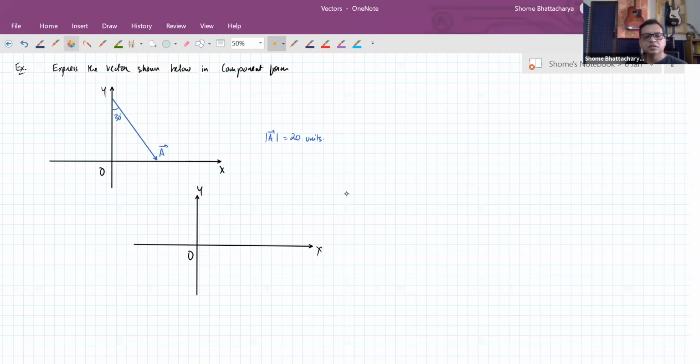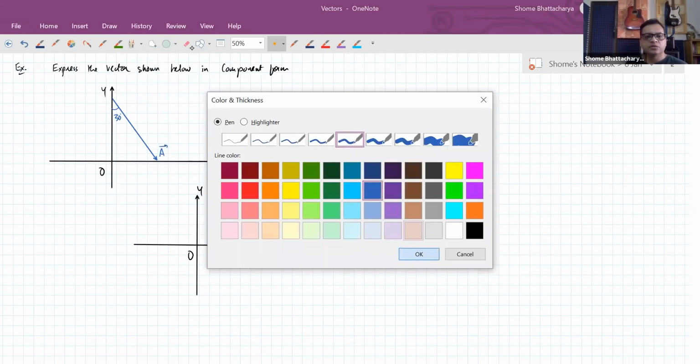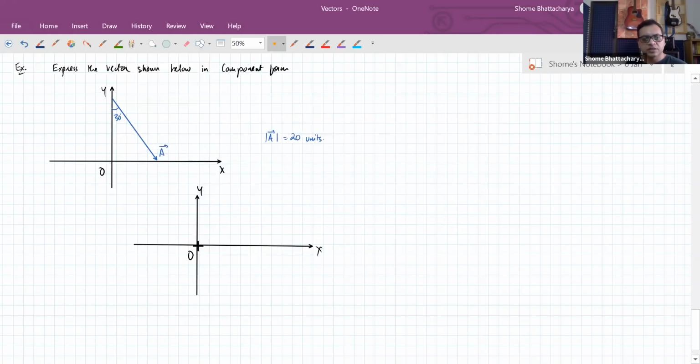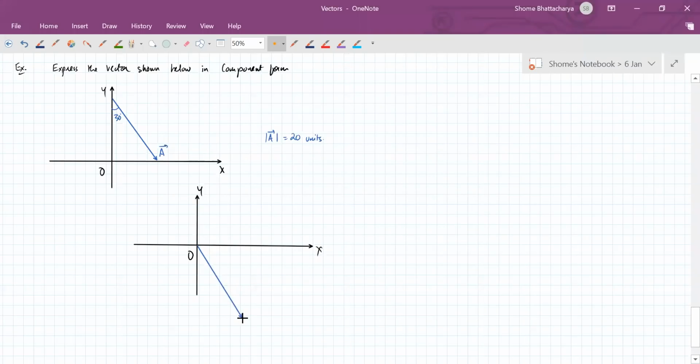That will just make life easier for us to figure out what kind of angle it is making with the x-axis. Just draw the same vector from here now. It's the same vector which was drawn here earlier. We just shifted it here. In that, this angle is 30 degrees, and the magnitude of the vector is 20 units.